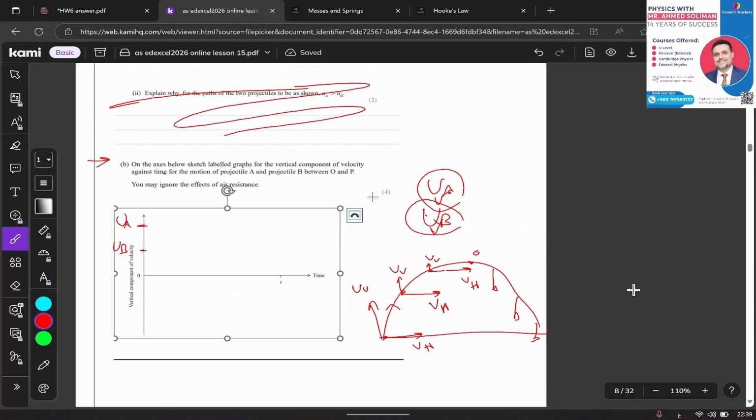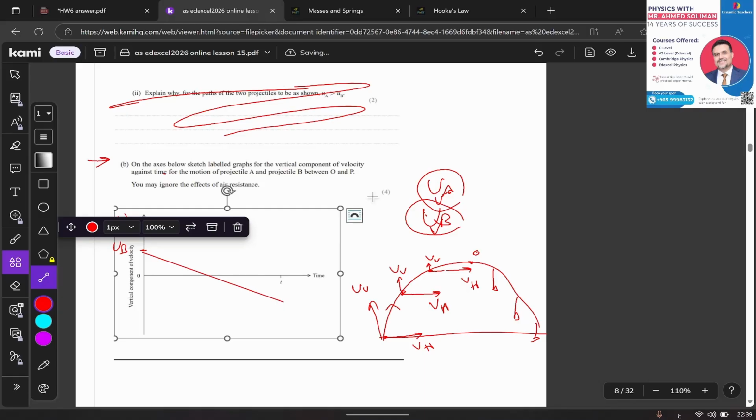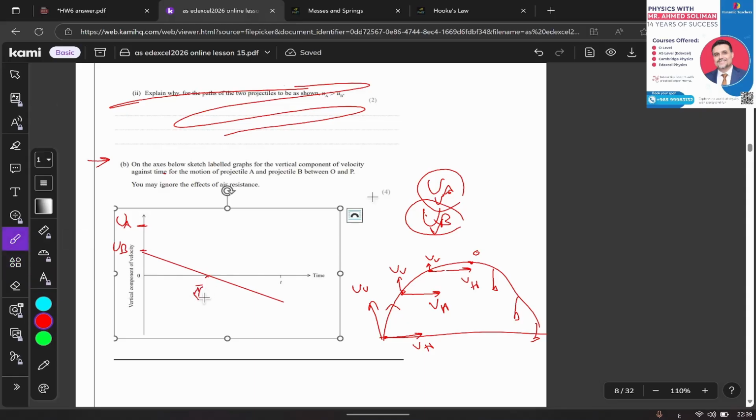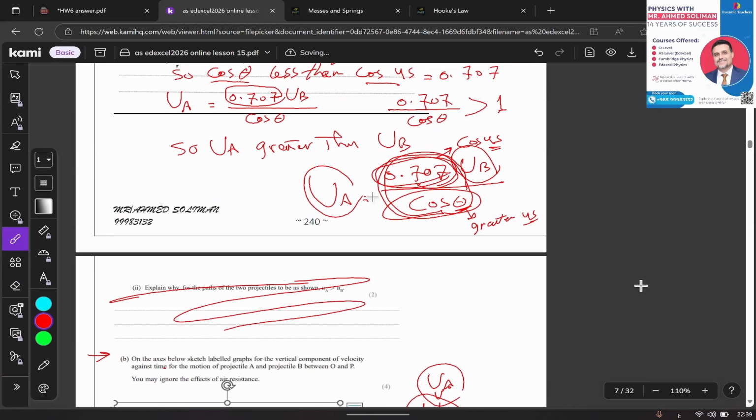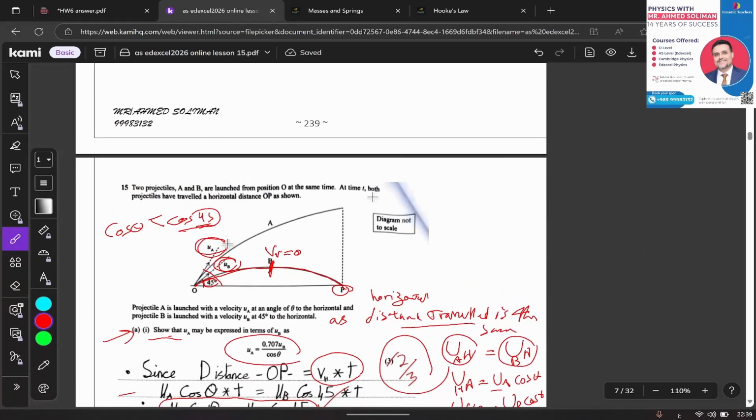0 at maximum height. After that, it will increase, but in the opposite direction. This is why, if we want to draw the graph for UB, it will be like this. So at T half, at half time, v vertical equals 0. But as you see, for UA at the same distance, we still have v vertical.